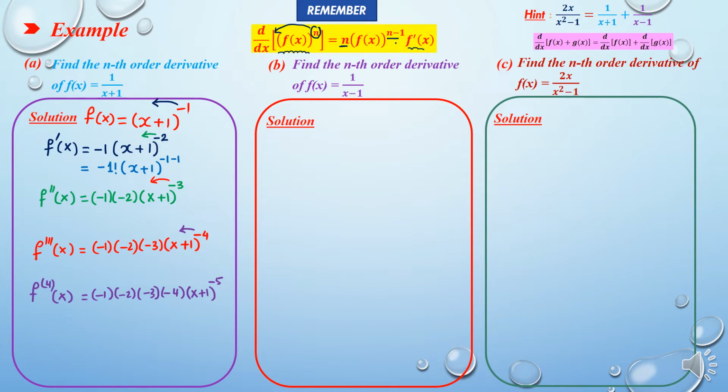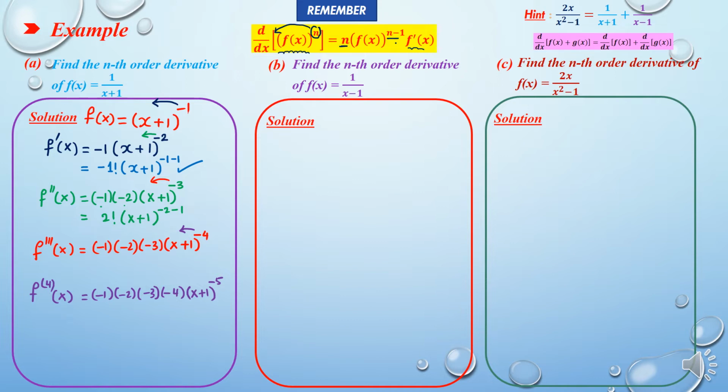Now the second derivative is negative 1 multiplied by negative 2, which is 2 factorial. It will be positive, multiplied by (x plus 1) raised to the power negative 2 minus 1, because we can rewrite negative 3 as negative 2 minus 1.